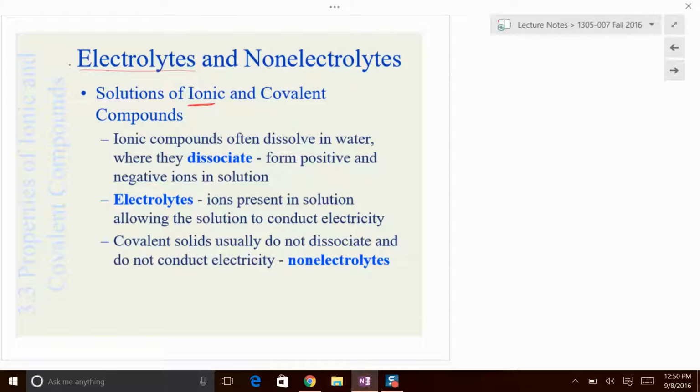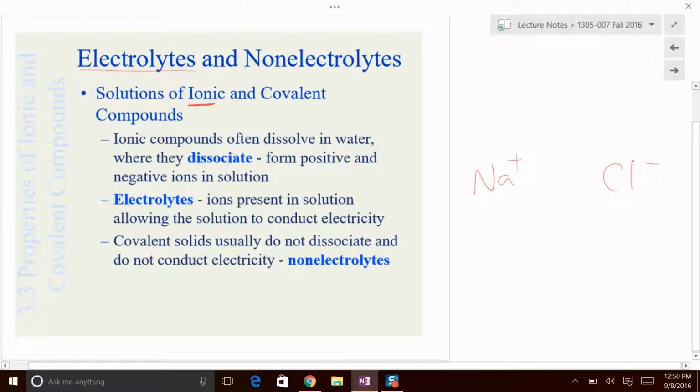But if I took some sugar and I dissolved it in water and tried to conduct electricity through it, it wouldn't work. I wouldn't be able to light up the light bulb. Sugar is covalent. Sodium chloride salt is ionic. So the sodium chloride breaks apart in the water, becomes sodium plus, Na+, and Cl-.